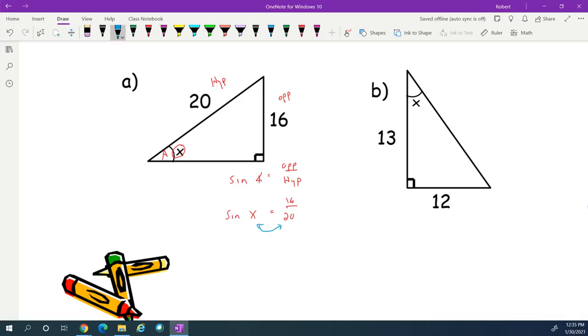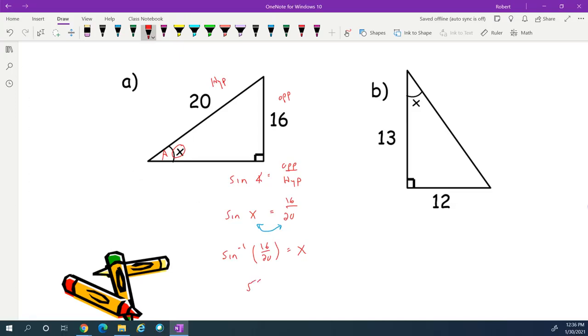Effectively, what we're doing is we're swapping those. So we have to tell the calculator, hey, we're going to do this backwards. And now, in my calculator, I'm going to do 16 over 20 and take the inverse sine of that.